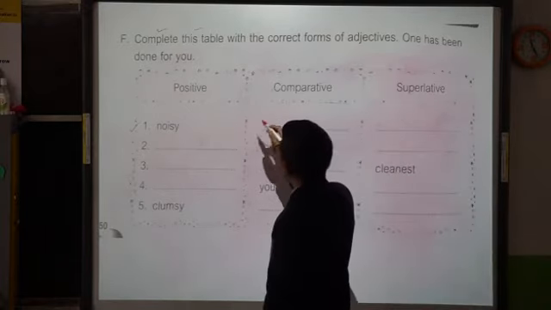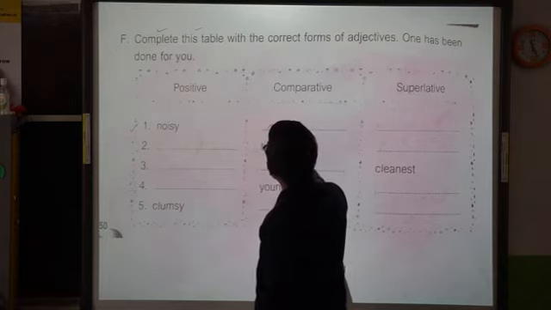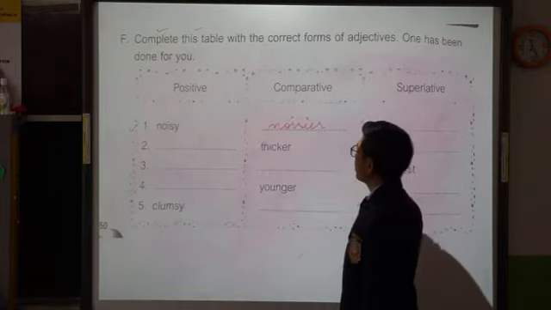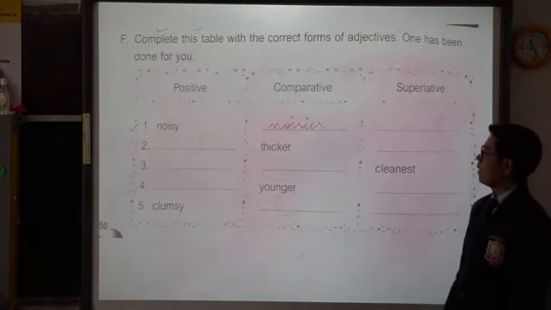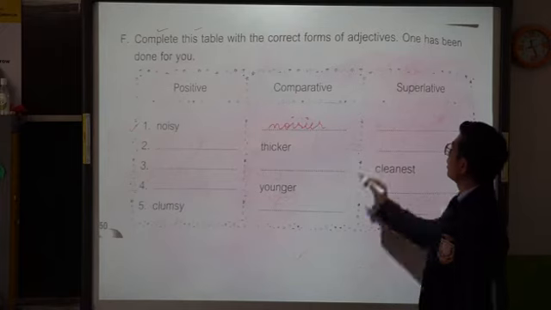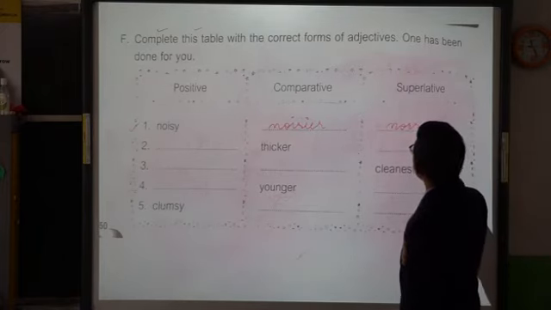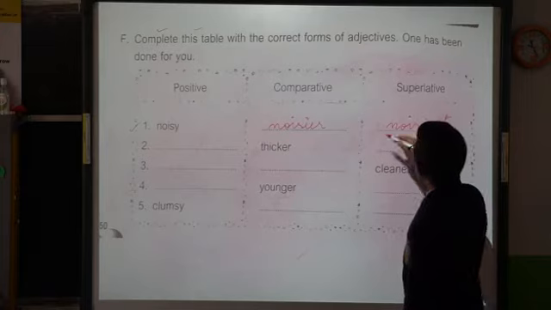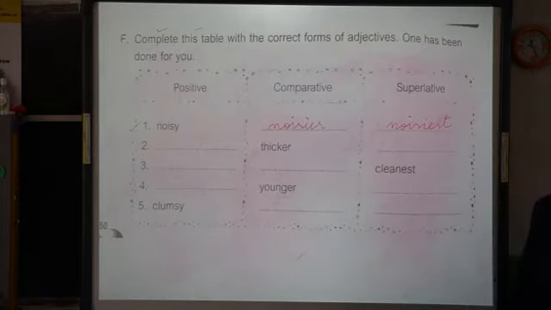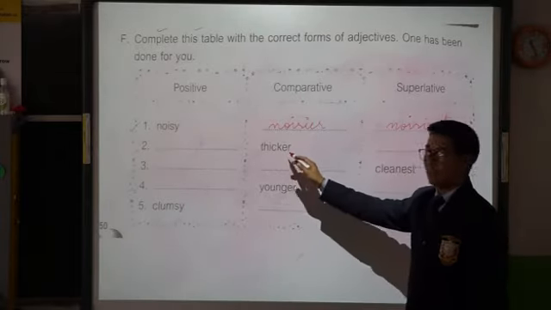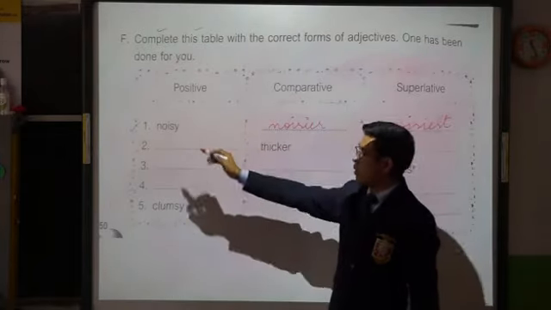We add obviously IER, noisier, N-O-I-S-I-E-R. Superlative, noisiest, N-O-I-S-I-E-S-T. Noisy, noisier, noisiest. Then in comparative it is written thicker, isn't it? What will be the positive?